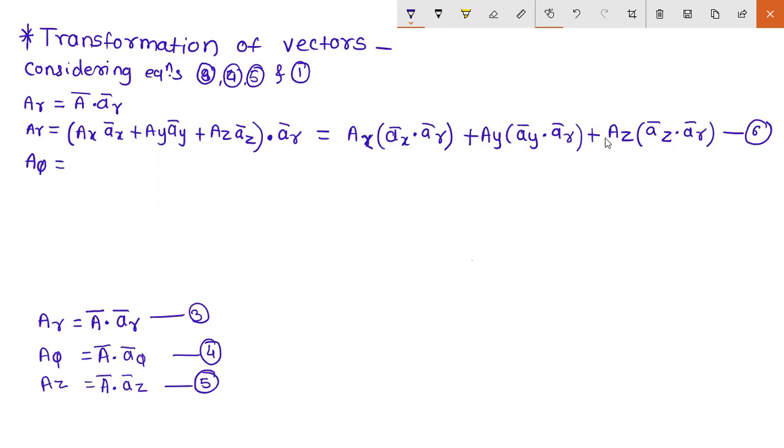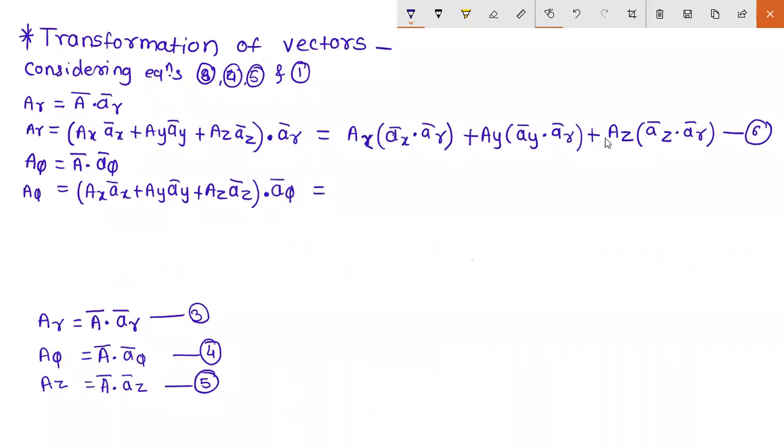So this A5 is equal to A bar dot A bar 5, which is equal to vector A bar. Again write vector A bar in Cartesian, that is AX A bar X plus AY A bar Y plus AZ A bar Z, dot A bar 5.